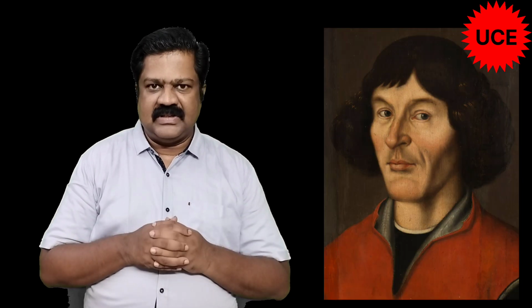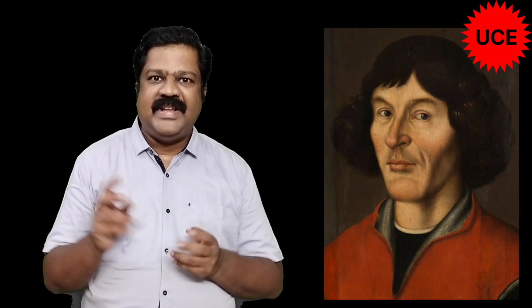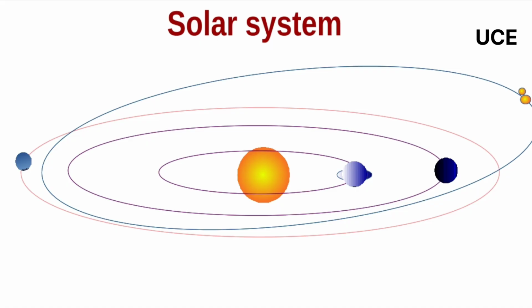During the period of the Renaissance, from the 15th century onwards in Europe, certain different ideas started evolving. Out of that, the first person, Copernicus, suggested that planets are not revolving around Earth. Planets are revolving around the Sun.